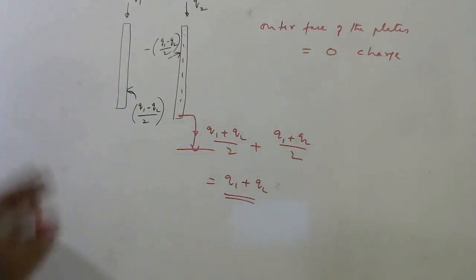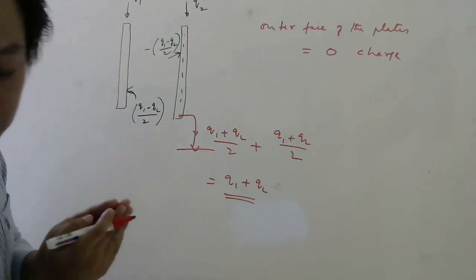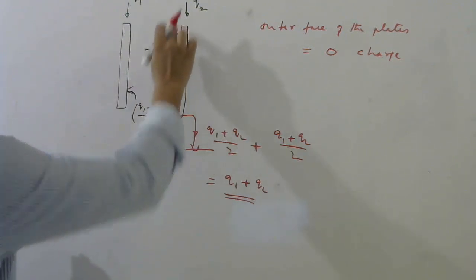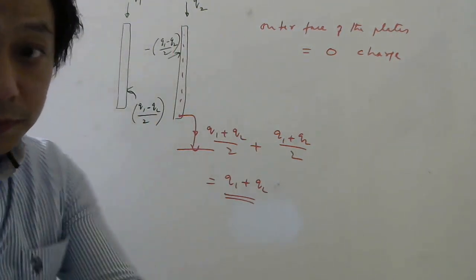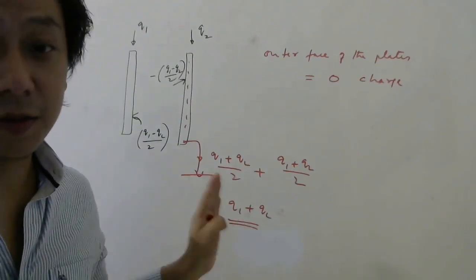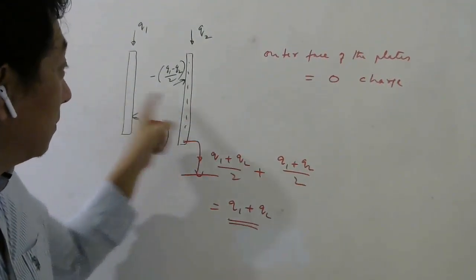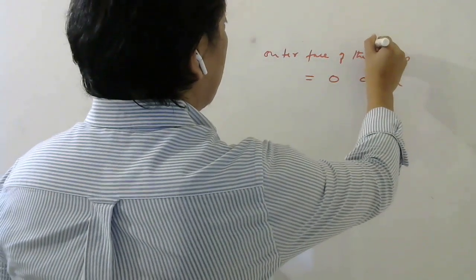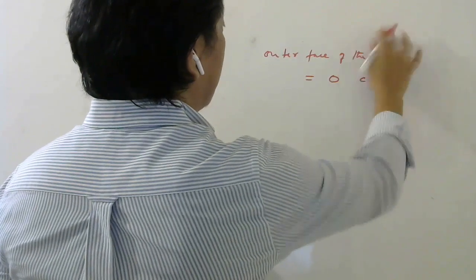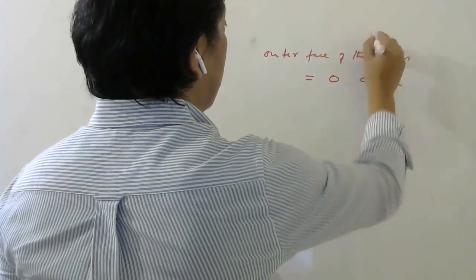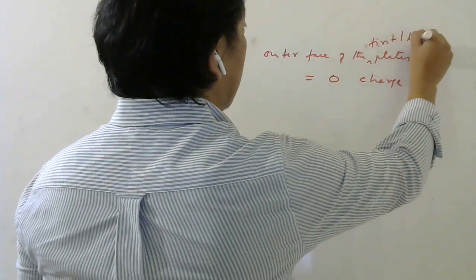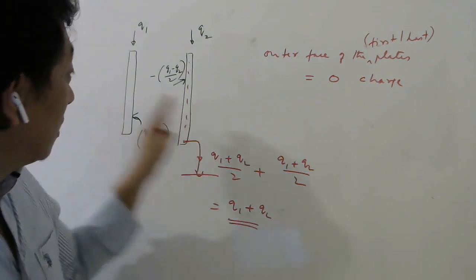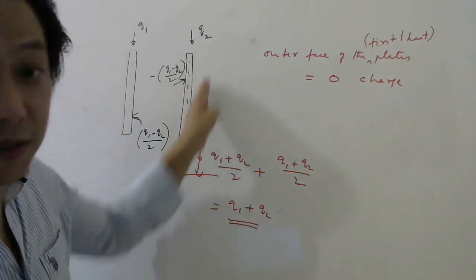Understood, students, or not? This is something very important. I want all of you to remember this concept. This will stay there, this will be this one, that will be there. But if any one plate is connected to ground, then the outer faces of the first and last plates, because you may be having 3 plates also, the charge here and here has to be 0.